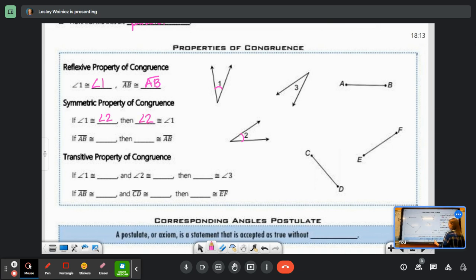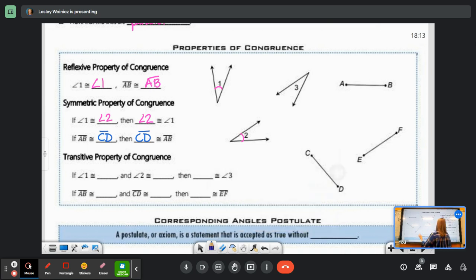Easy. All right, if I say that segment AB is congruent to segment CD, then segment CD has to be congruent to AB. Well, duh. These are kind of like, well, of course they have to be, but they actually have names, and I want you to know the names.